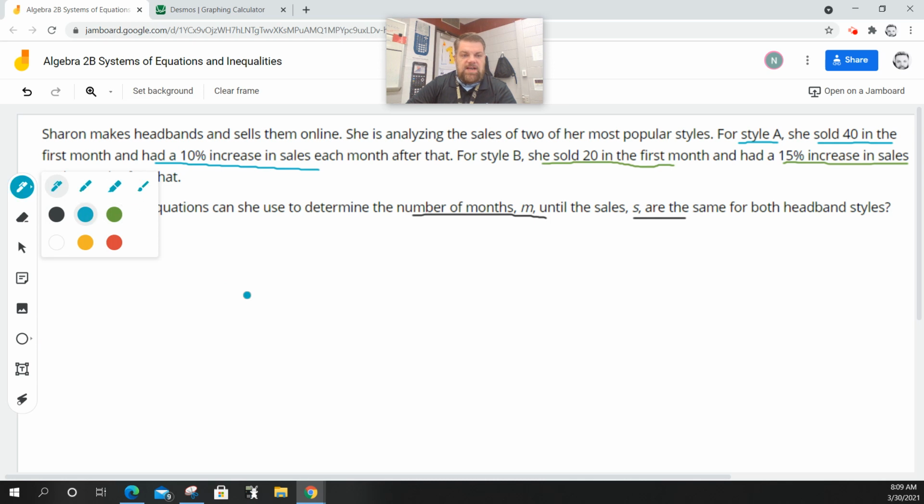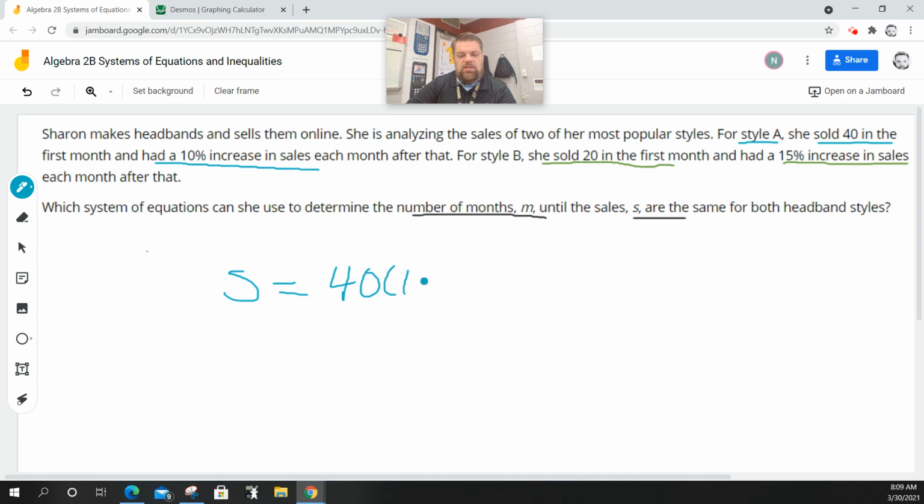So the first one, style A, would be S, the number of sales, is equal to your initial condition, which is 40, she sold 40, and then that increased 1.1 raised to the M. Now remember, the 1.1 comes from 1 plus the percentage, which is 10%. 10% as a decimal is 0.10, okay?